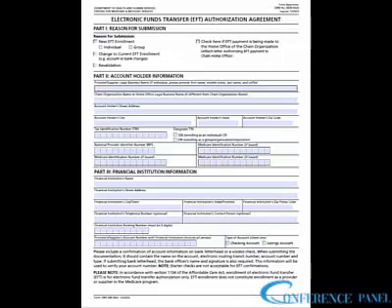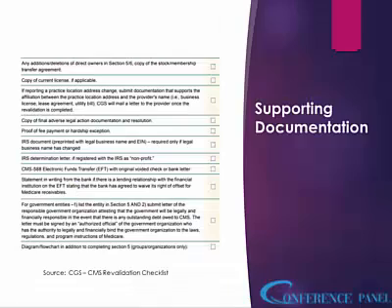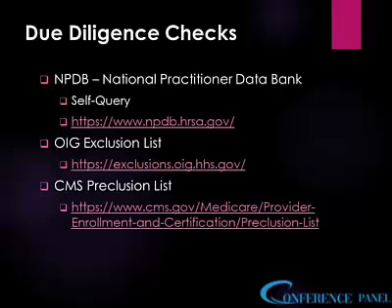So this has to be included with your revalidation. Some other helpful information that you want to include: current licenses for practice locations, the tax documents, IRS documents, due diligence checks. So please make sure that you're doing due diligence checks when you're revalidating providers, when you're hiring new providers. This is super, super important.